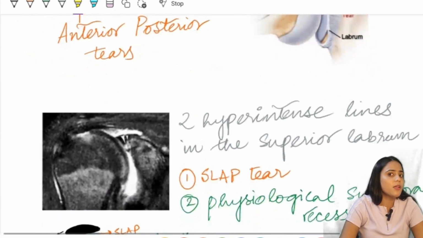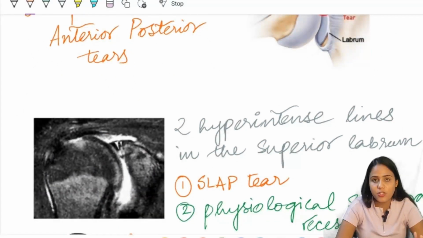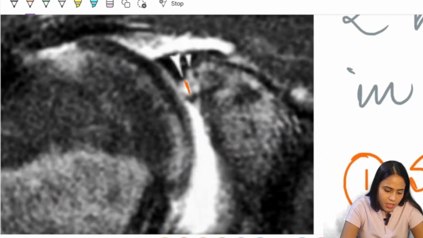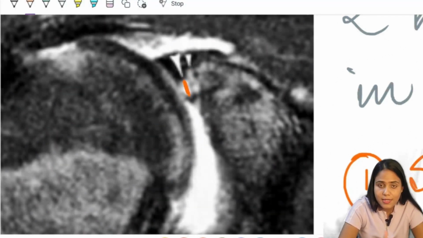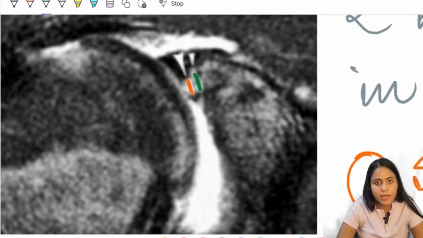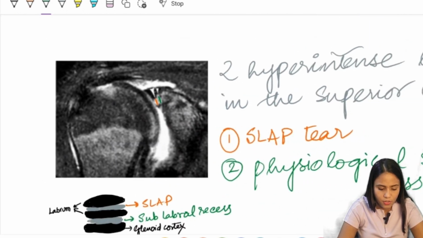What actually is the double Oreo cookie sign here? In MRI, you will see two hyperintensities in this condition. If I zoom the image, there are two hyperintensities, this and this. The more lateral hyperintensity is actually the SLAP tear, and this one is a normal sublabral recess fluid collection, which is physiological.